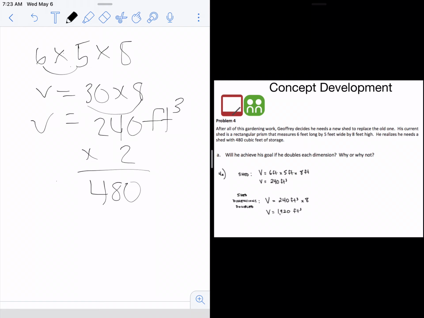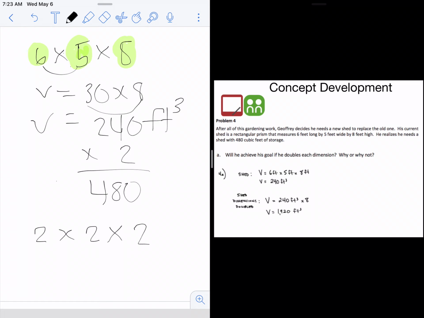Okay, so if he doubles each dimension, these dimensions up here, if he doubles them, it is him doubling each dimension. So 2 times 2 times 2.